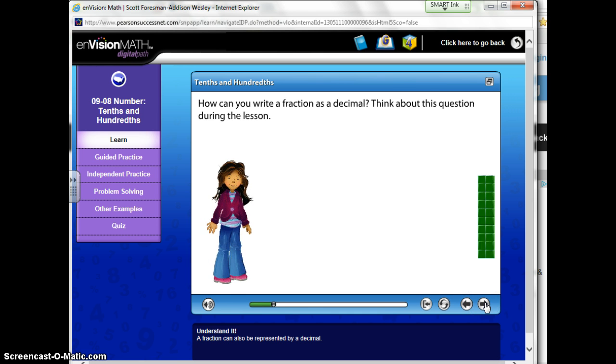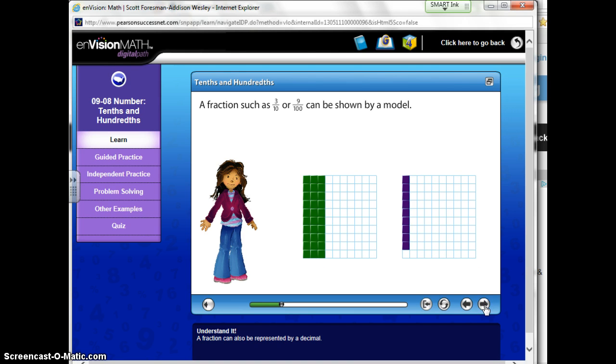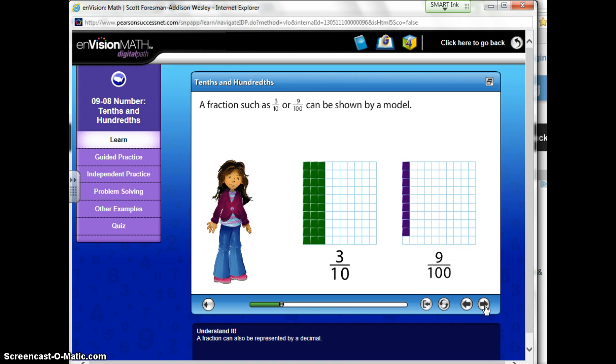All right, so how can we write a fraction as a decimal? We're going to think about this. Now, there are two pictures here. We can write fractions in two ways. This fraction right here is 3/10.